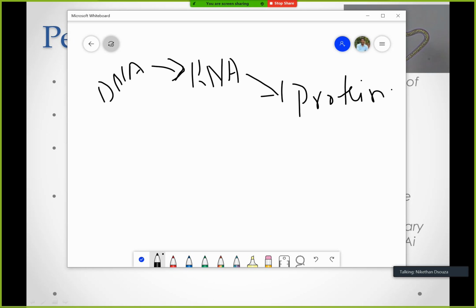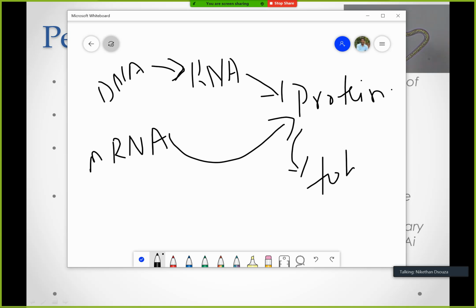Coming to the nematodes, the nematodes produce RNA, that is mRNA. This mRNA produces a protein, and this protein affects the tobacco plant, which reduces the yield.